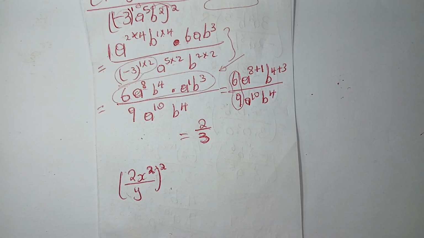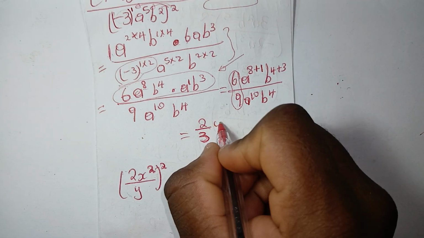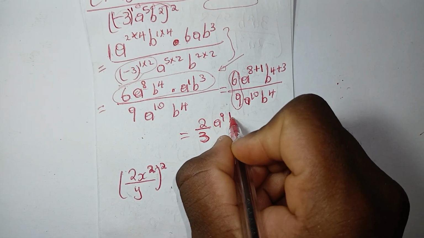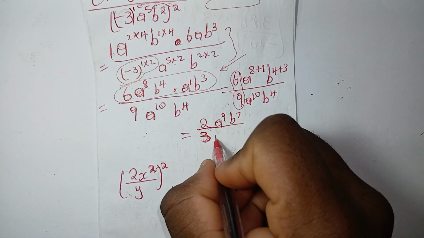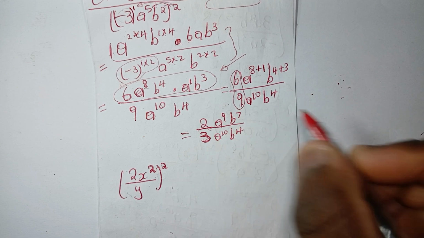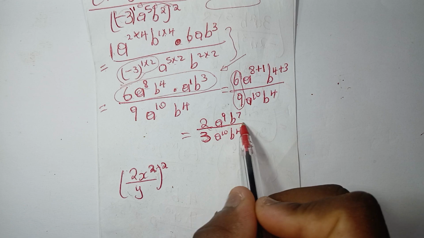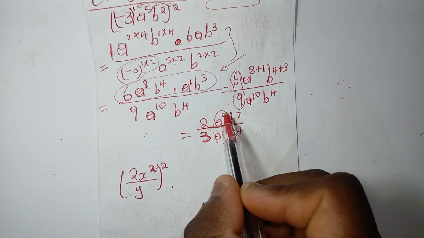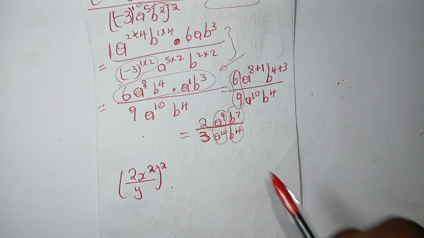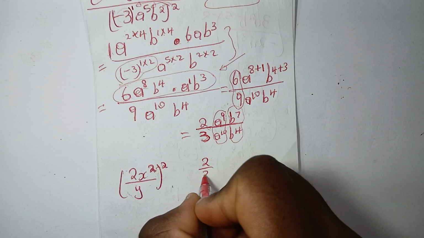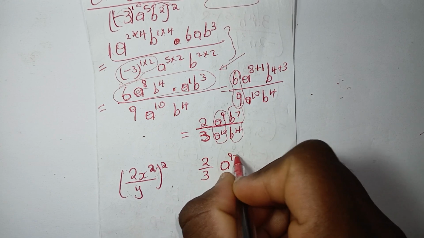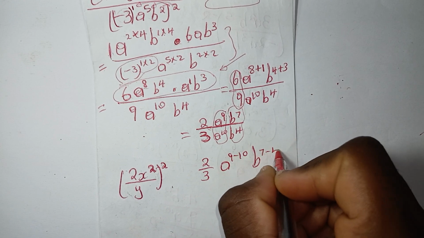So this actually is a9 and b7 over a10 and b4. And remember, guys, when we are dividing the same base, we subtract the exponents. Upper it's 2 over 3, which is a9 minus 10 and b7 minus 4.